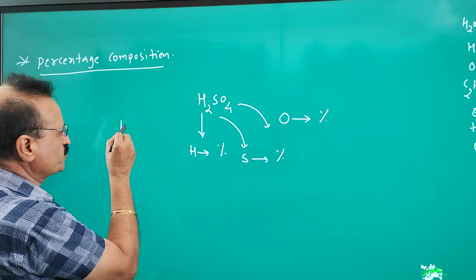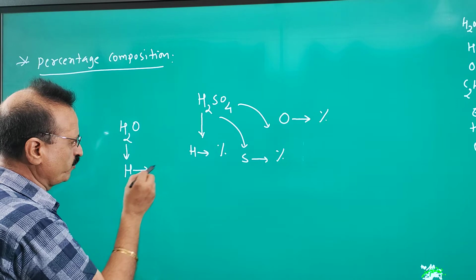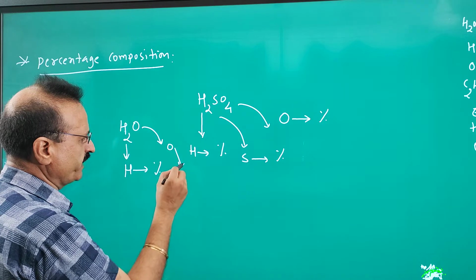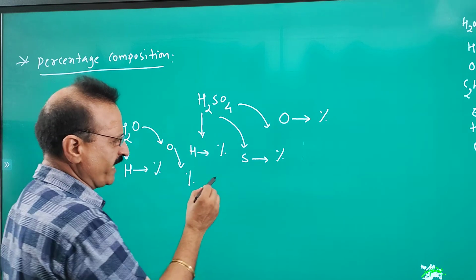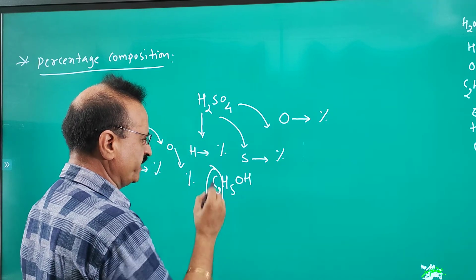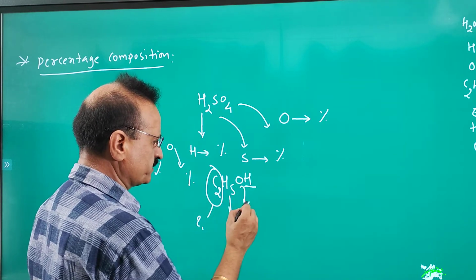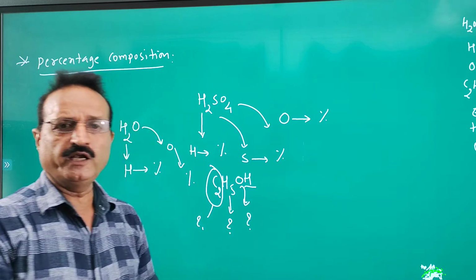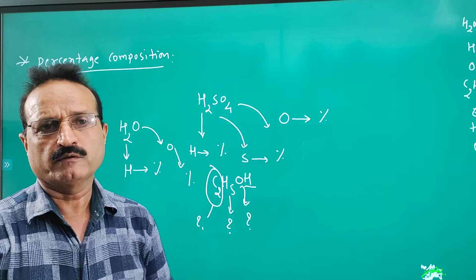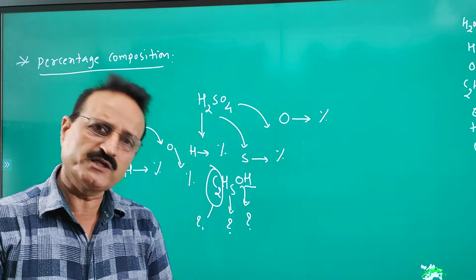Suppose you are given H2O, then you have to find the percentage of hydrogen and the percentage of oxygen in H2O. Take the example of ethanol, C2H5OH. What is the percentage of carbon, the percentage of hydrogen, and the percentage of oxygen in ethanol? That is calculated by a very simple formula that we are going to discuss.